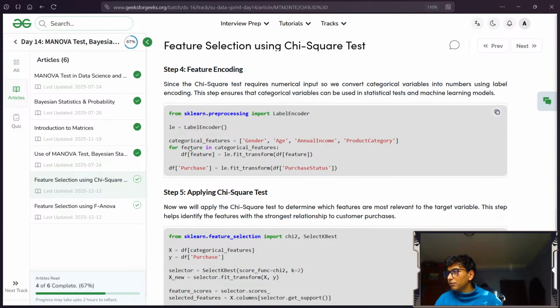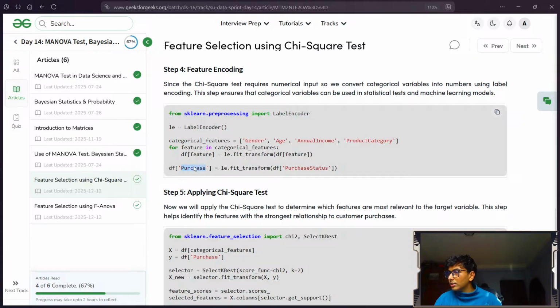For feature in categorical features, for feature meaning a single one, gender coming here, df[gender] will go to that data frame column, and le.fit_transform(df[feature]) will transform it into new numbers, and it will be done for the others too.